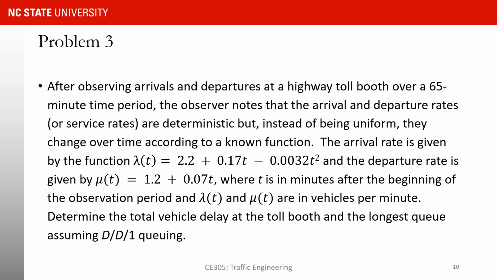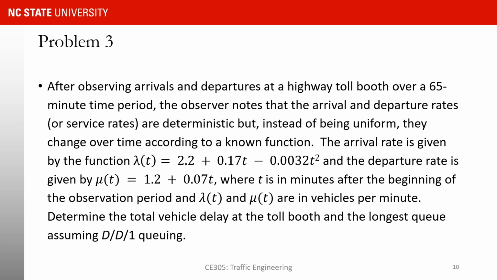Problem 3 is on deterministic queuing. After observing arrivals and departures at a highway toll booth over a 65-minute time period, the observer notes that the arrival and departure rates are deterministic, but instead of being uniform, they change over time according to known functions.